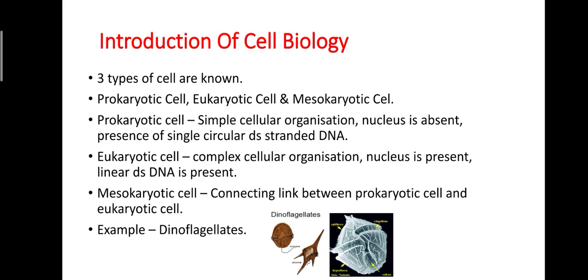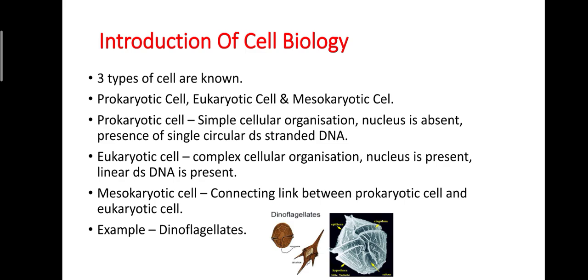On the demand of nature, this prokaryotic cell then evolved into the eukaryotic cell. When the eukaryotic cell evolved from the prokaryotic cell, a connecting link cell was produced, which is called the mesokaryotic cell.